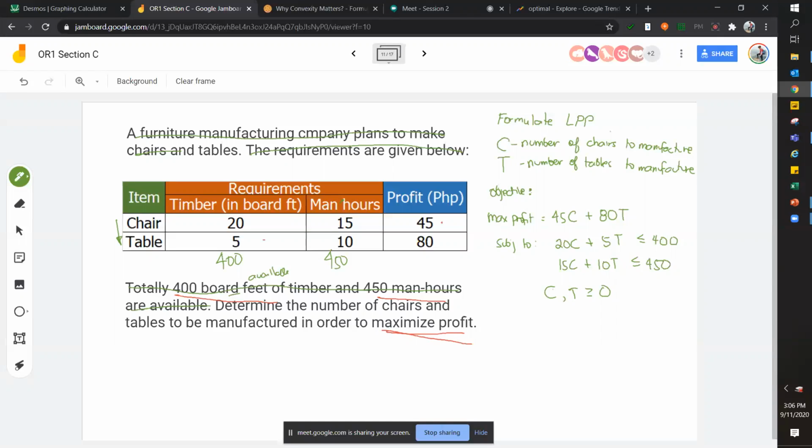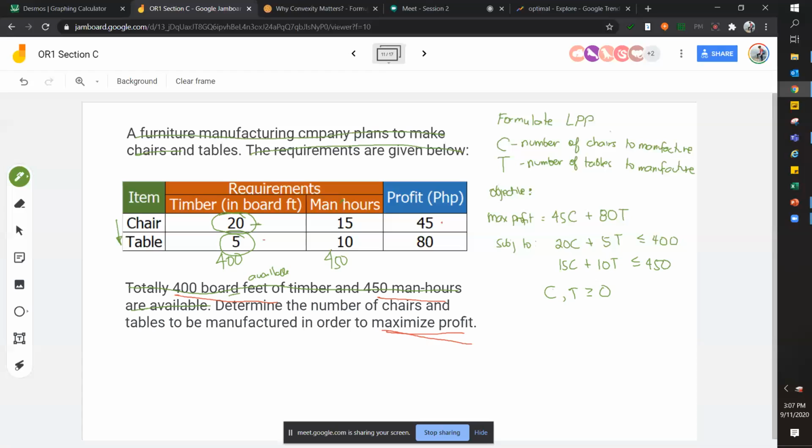Ayoko kasi kagad guys na nagsosolve kayo ng ganitong linear programming na hindi nyo check yung data. Ano nakita kong problem dito? Bakit ko siya binilugan? Bakit tingin ko problema yan? Yes, realistic ba yun? Hindi. Di ba? So, something is incorrect dito.